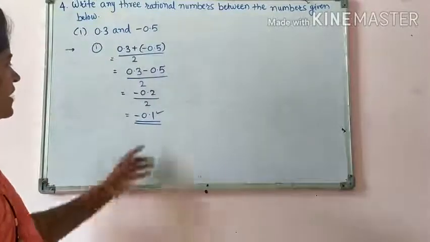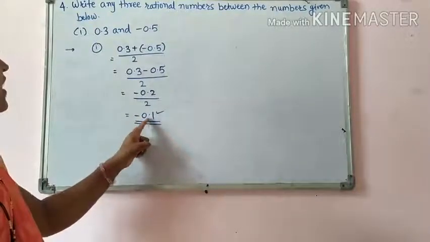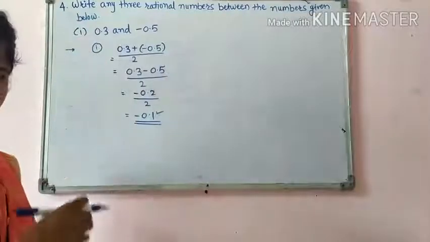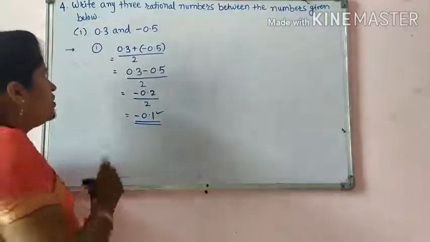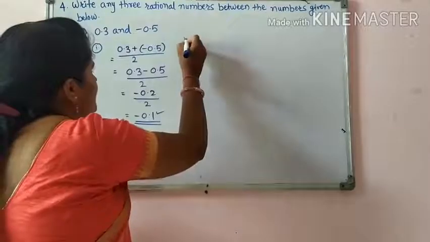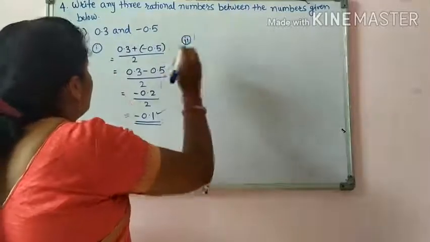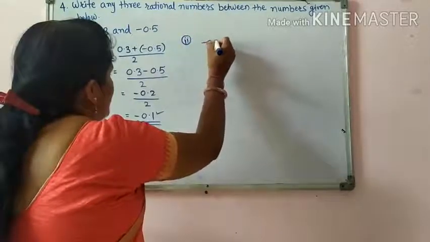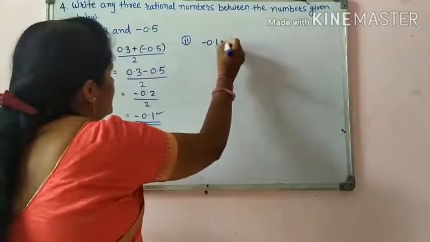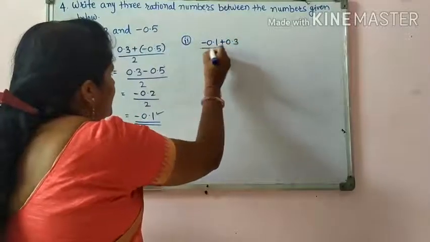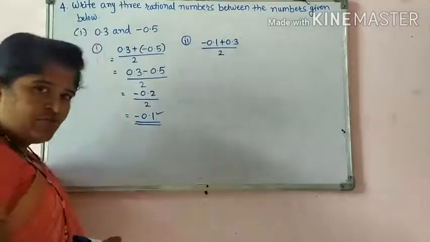आणखी आपण काय करू आता? ह्या minus 0.1 आणि 0.3 ह्या दोन्ही मध्ये कोणता रॅशनल नंबर येतो ते बघूया. सेकंड रॅशनल नंबर बघूया आपण त्या दोन्ही मधला आता. minus 0.1 plus 0.3 divided by 2.